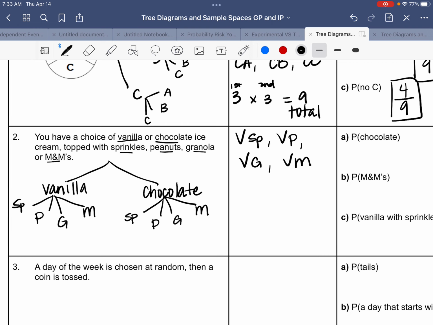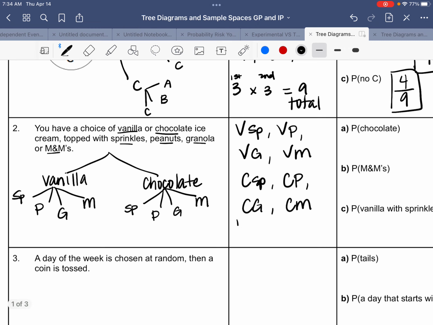Again, I'm just abbreviating here. If I had gone with chocolate instead, I would have gotten chocolate with sprinkles, or chocolate with peanuts, or chocolate with granola, or my last option would have been chocolate with M&Ms.